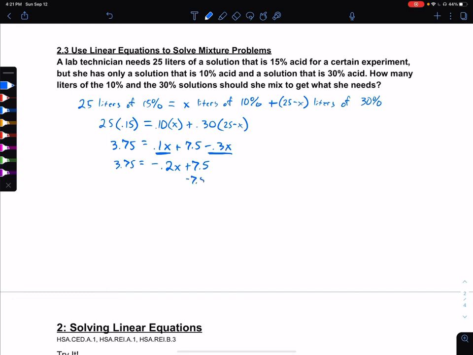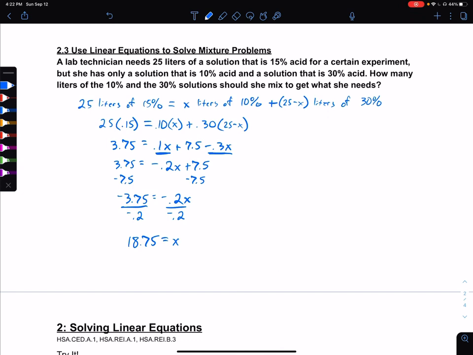So we're going to subtract 7.5. 3.75 minus 7.5 is actually negative, sorry about that, negative 3.75, equal to negative 0.2x, and then we would divide by negative 0.2. So those will cancel out. So x would be equal to, and when we work this out, we would get 18.75.